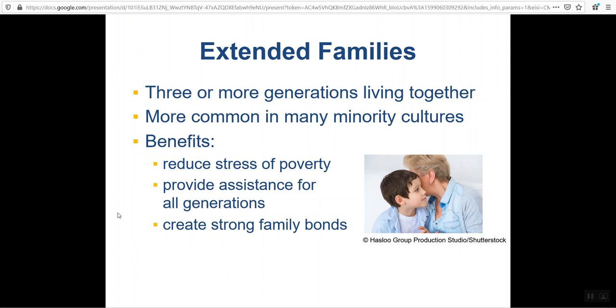There do seem to be many benefits to this experience, creating strong family bonds, an increase of adult supervision in the home for children. Many times that can alleviate some of the child care burdens on parents. So there does seem to be some benefit with these extended families.